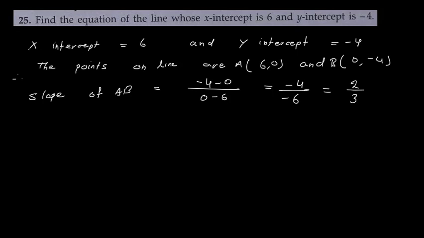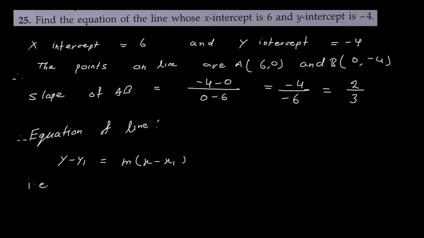Now we got the slope of AB. Find the equation of line. We have to find equation of line. So slope of AB is 2 divided by 3. So therefore equation of line. Equation of line is, we have y minus y1 is equals to m times x minus x1.